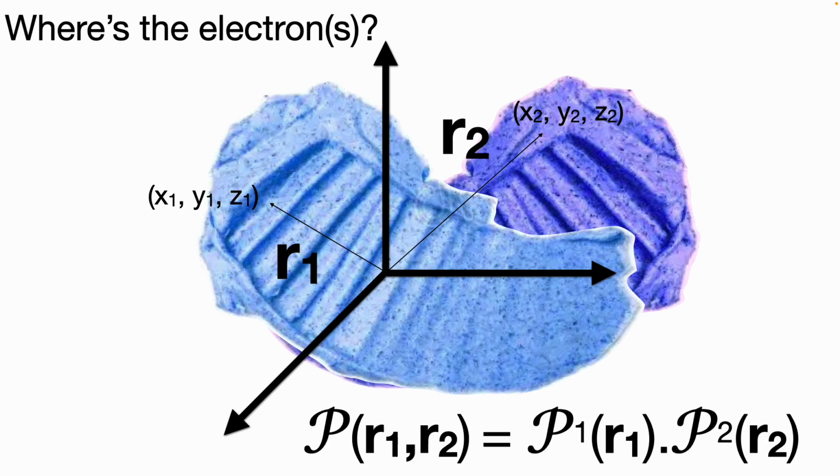But what we can actually find is the probability of the first electron being at a distance r1 from the origin and the second electron being at a distance r2 from the origin, or the first electron being the vector r1 from the origin and the second electron being the vector r2 from the origin.